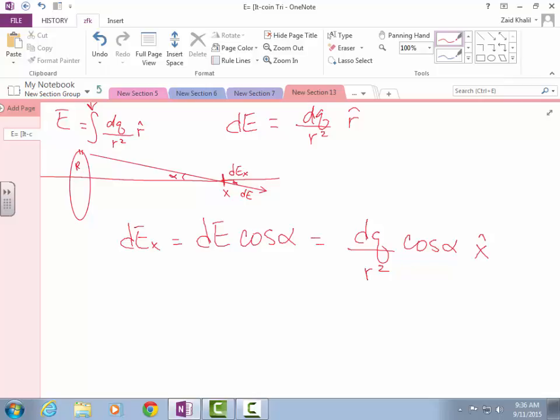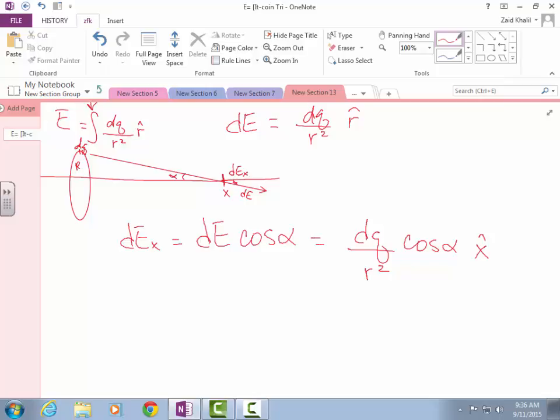Meaning that each piece of these elements of charge are equidistant from x. So what that tells you is that it's a constant. When you sum over all the charge across the entire ring, it doesn't matter how far each of those are away. It's just going to be a simple sum.